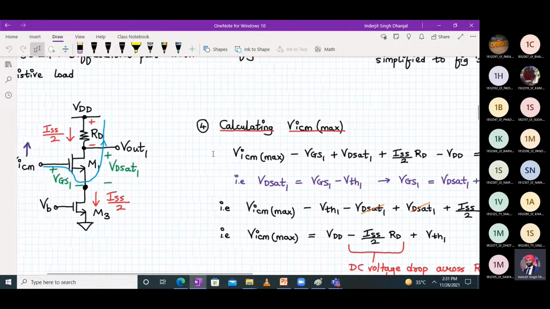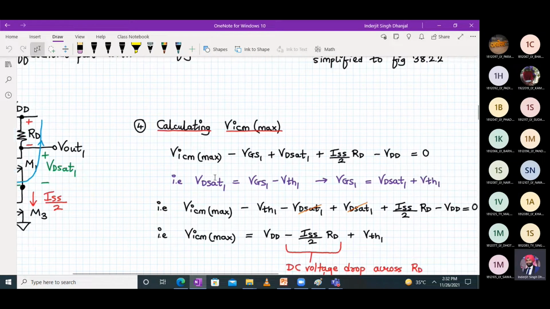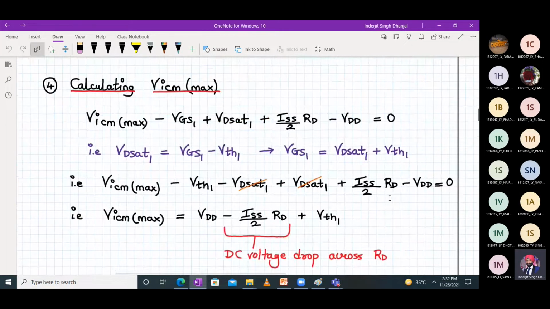Here we apply KVL: VICM max minus VGS1 plus VDSsat1 plus ISS by 2 into RD minus VDD equal to 0. We know that VDSsat is VGS1 minus VTH1, so VGS1 will be VDSsat plus VTH1. So we can write VICM max minus VTH1 minus VDSsat plus VDSsat plus ISS by 2 into RD minus VDD equal to 0.